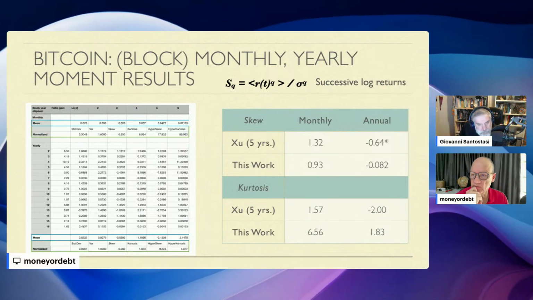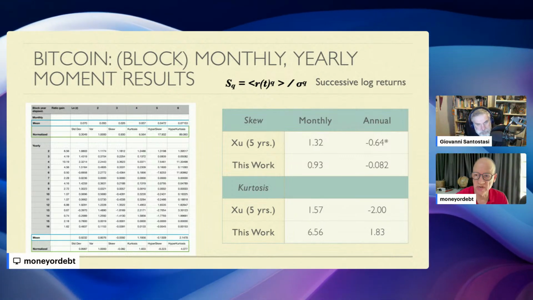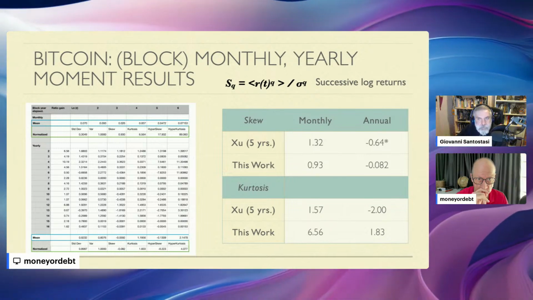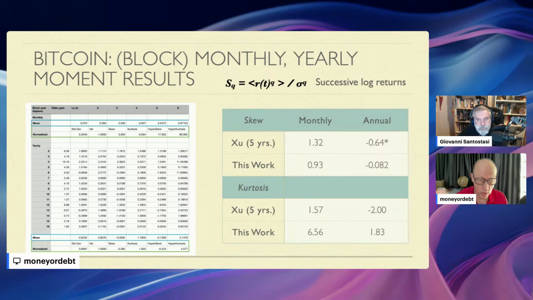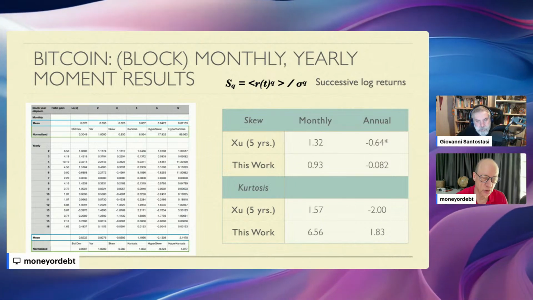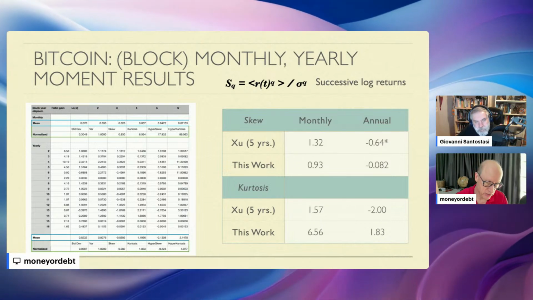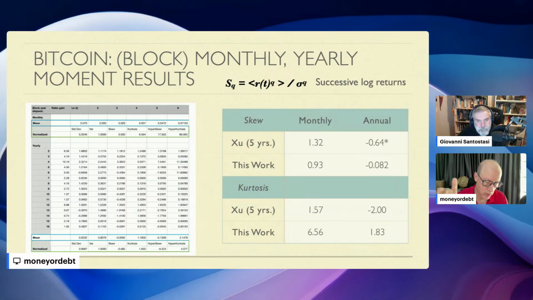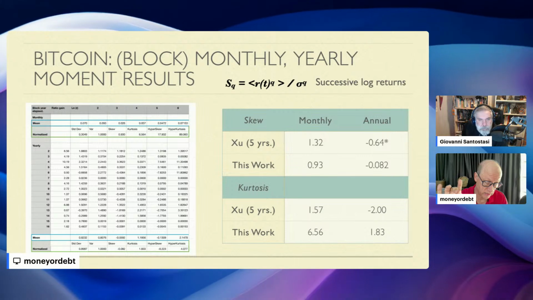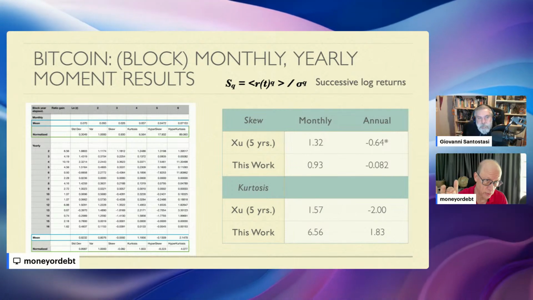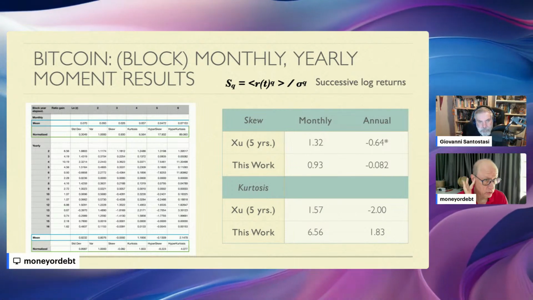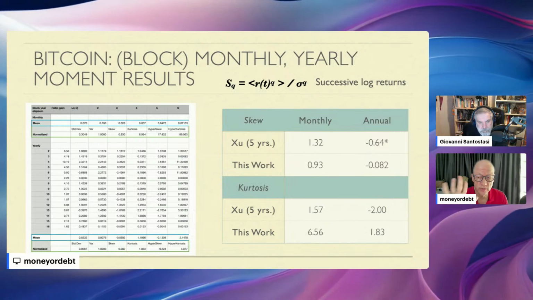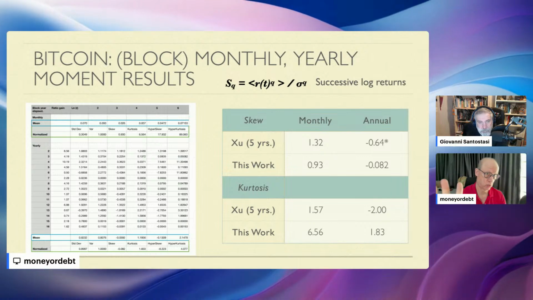So what you see for monthly is the standard deviation, the variance, the skew, the kurtosis, the hyperskew, and the hyperkurtosis. These are normalized to the standard deviation raised to the Q power, where Q is the moment in question. So it's 2 for the variance, 3 for the skew, 4 for the kurtosis, etc. In those units, the variance is always 1.